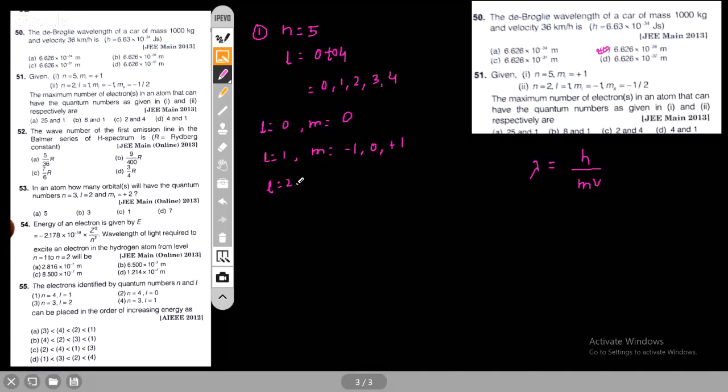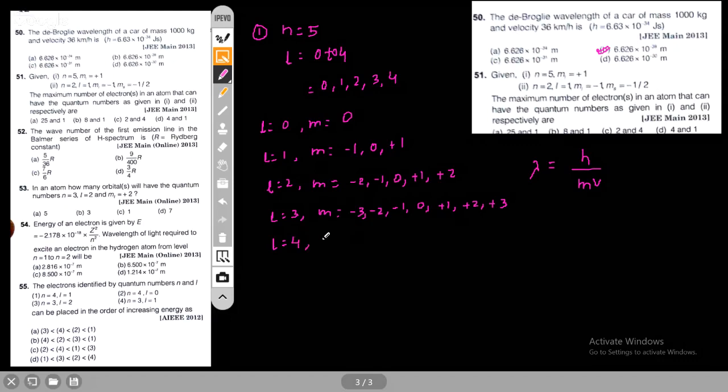If l is 2, then m will be minus 2, minus 1, 0, plus 1, plus 2. If l is 3, m is minus 3, minus 2, minus 1, 0, plus 1, plus 2, plus 3.